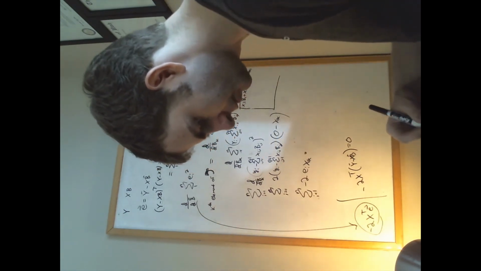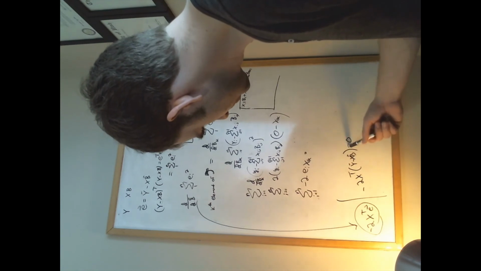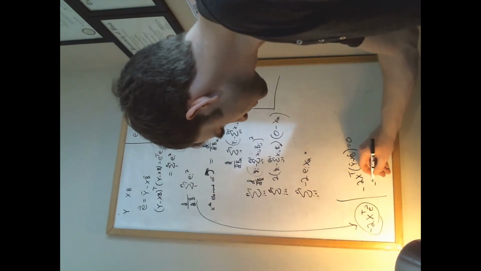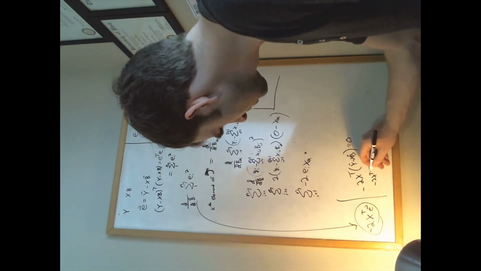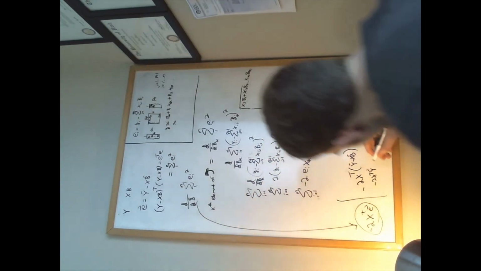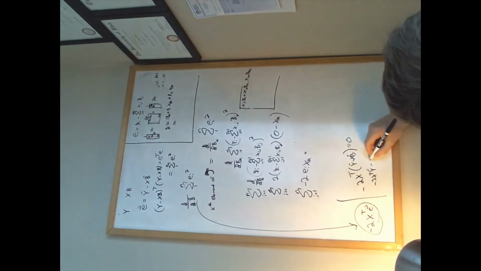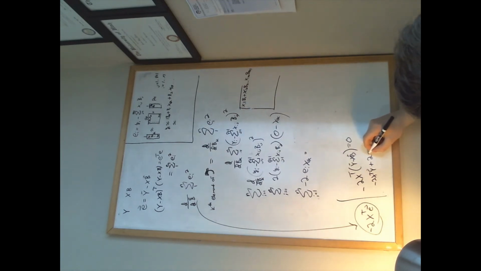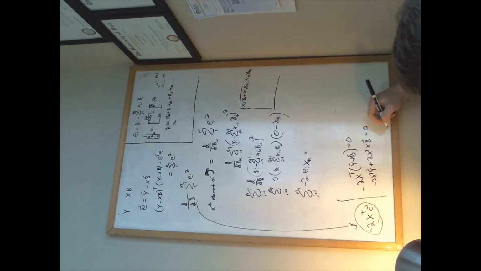If we multiply this out, we get minus 2 X^T y vector plus 2 X^T X beta vector equal to 0.